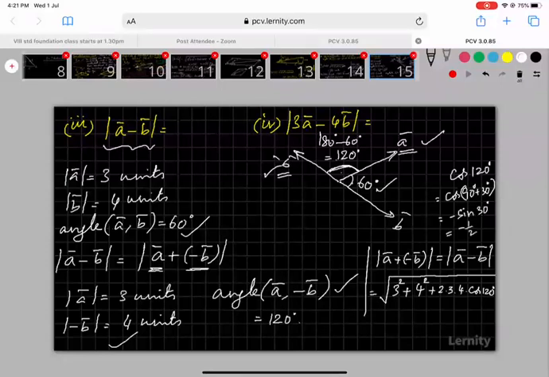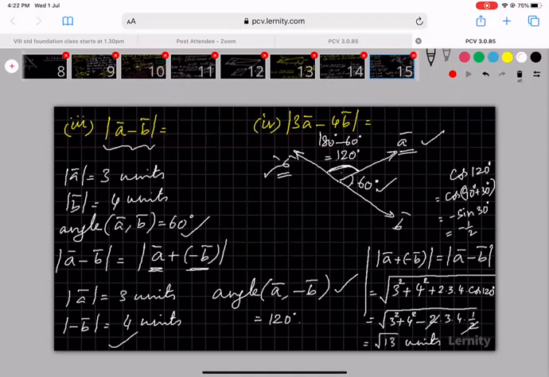So cos 120 degree is nothing but minus half. So square root of 3 square plus 4 square minus 2 into 3 into 4 into half. This is what you will have. 2 get cancelled. 3 into 4 is 12. 3 square plus 4 square is 25. 25 minus 12 is 13. So this would be root of 13 units.